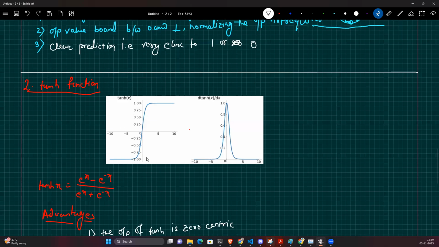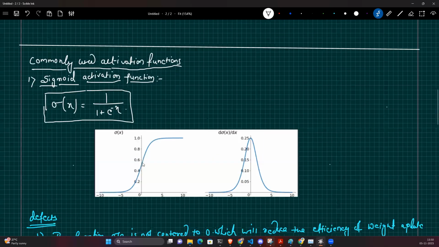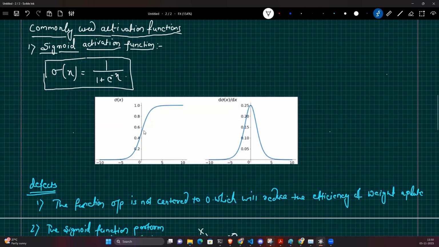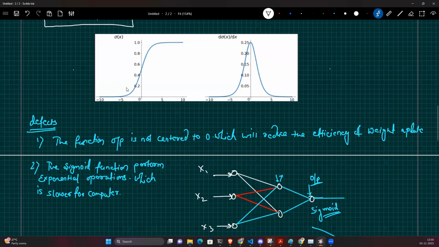But in the sigmoid case, it is not zero-centric, so you might be confused about what threshold to use to decide whether it is 1 or 0. That's the criterion to find the optimal threshold to get the probabilistic output. Should I consider 0.4, 0.8, what should I consider? So that's a very general problem if it is not zero-centric.